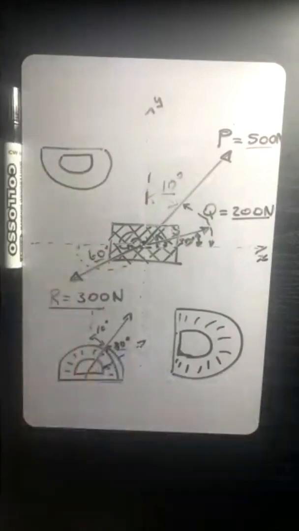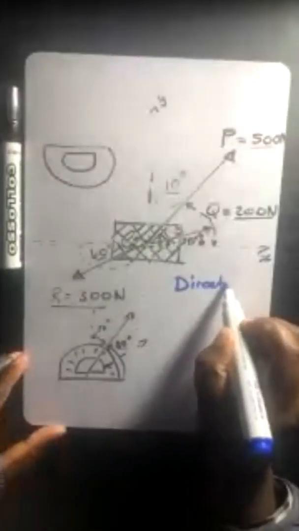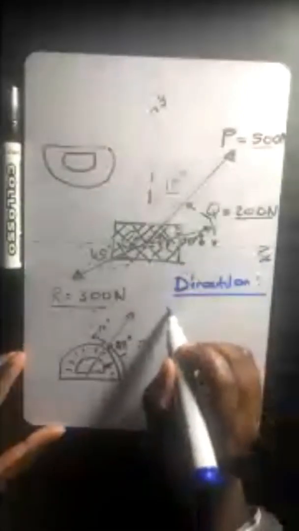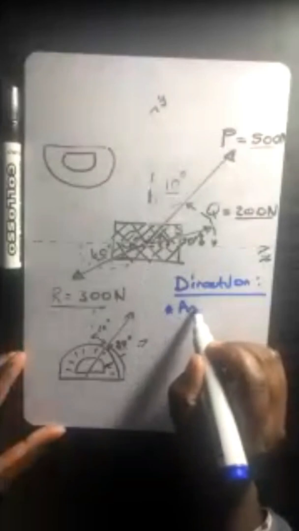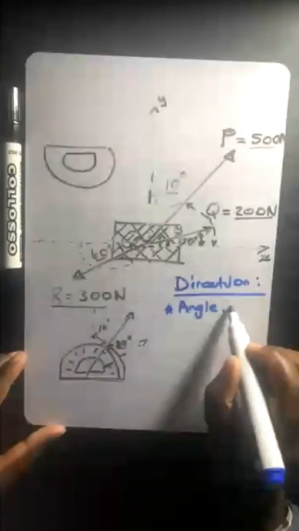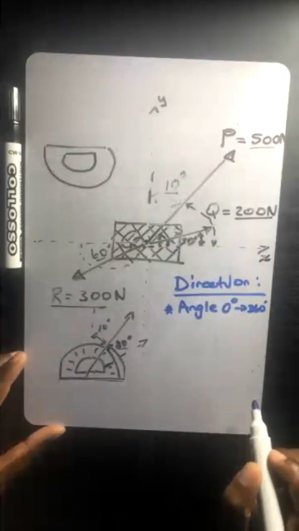direction. I want us to discuss something very important, ladies and gentlemen, in terms of the direction. So that means in physical sciences, directions can be represented in many ways. The first way, it can be represented in the form of an angle. So we obviously know that an angle can be anything from 0 degrees up to 360 degrees.